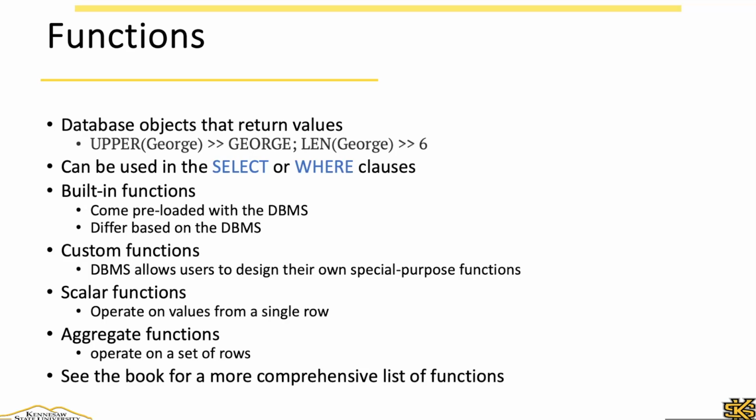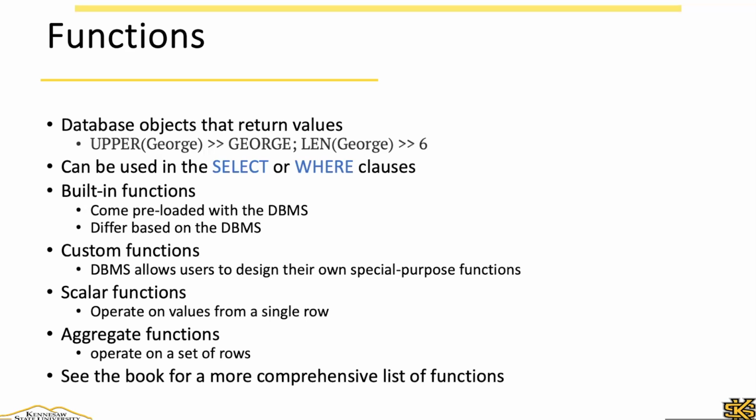The upper function converts all characters in the string or in a text to uppercase. And the other one, the len function, returns the length of the string. For example, len of George will return 6 because there are 6 characters in the name George. This function can be used in a select or where clause to help achieve the desired output.